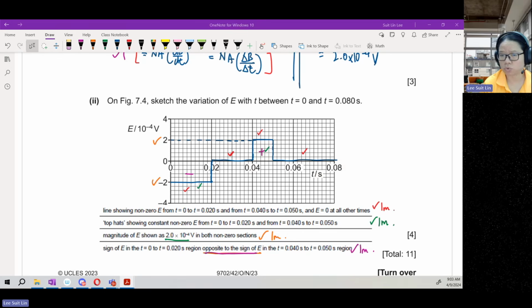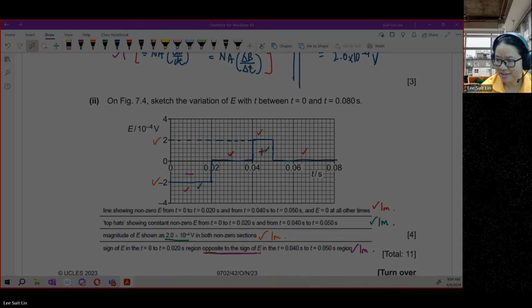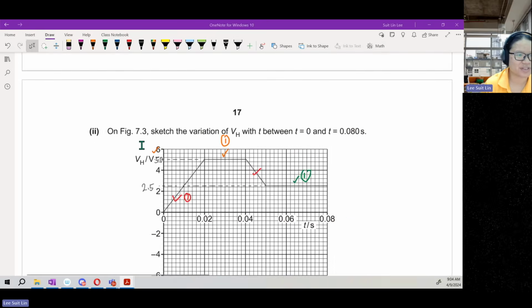Okay, so let's check out the examiner's report and see what they have to say about this question. I want to start first with the first graph that we sketched, which is the VH graph.